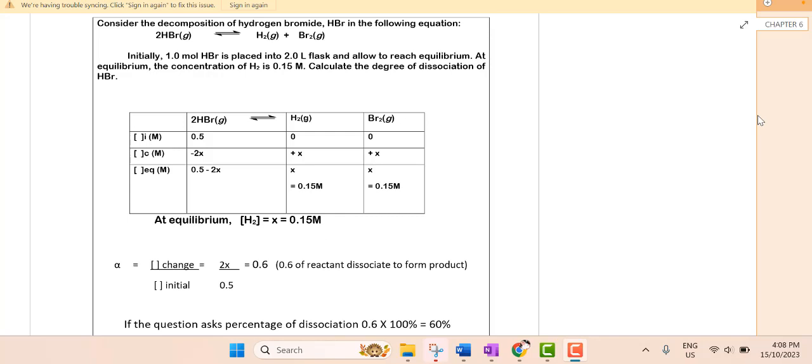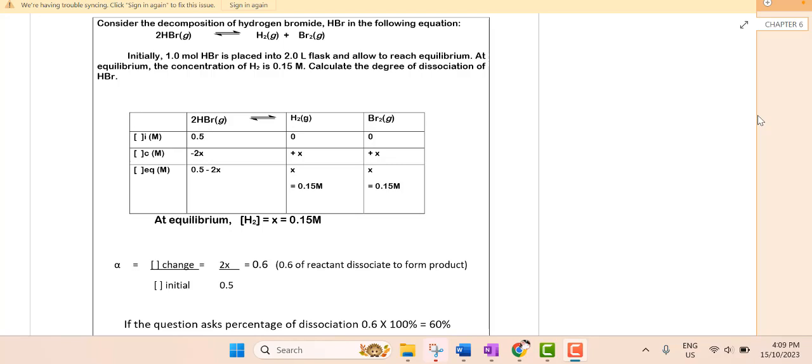Consider the decomposition of hydrogen bromide in the following equation. Initially, 1 mole of HBr is placed into a 2 liter flask and allowed to reach equilibrium. At equilibrium, the concentration of hydrogen is 0.15 molar. Calculate the degree of dissociation of HBr.